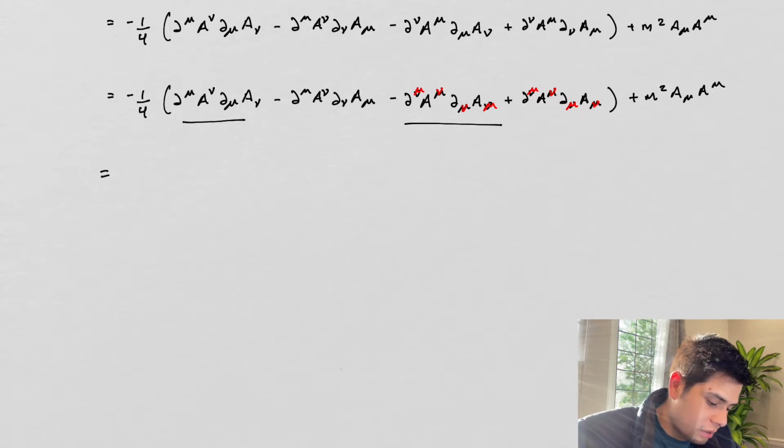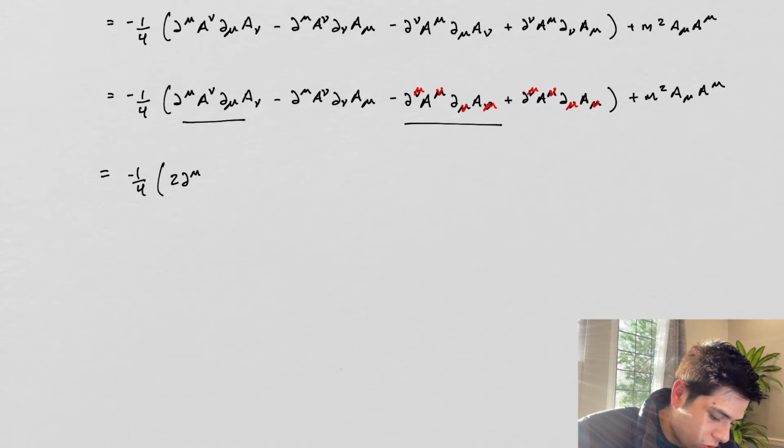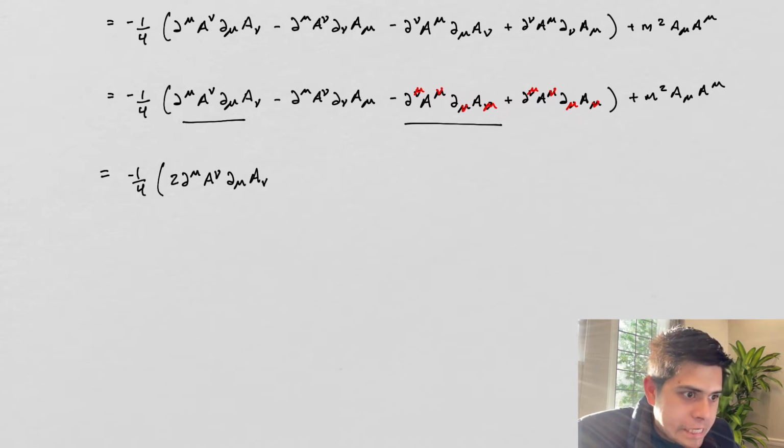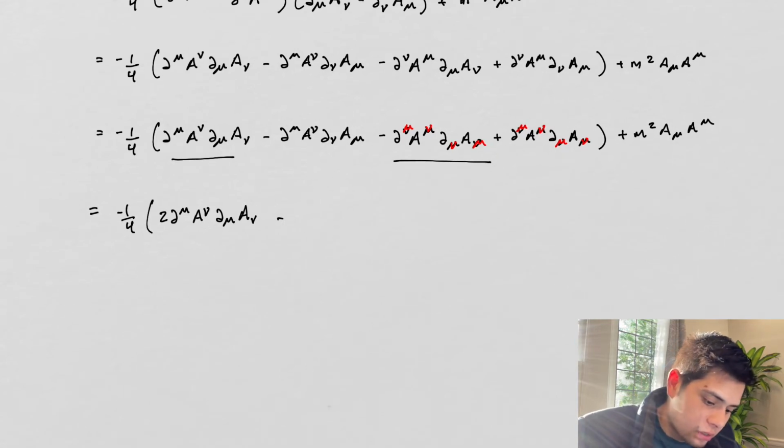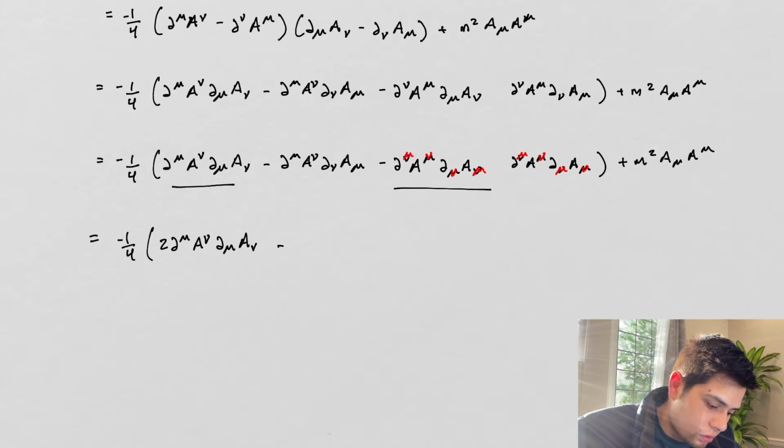The ones I've underlined. We're going to get 2, we're going to get minus 1/4 times 2 d mu A nu d mu A nu, and then we're going to get minus, oh, this should be a minus sign. Or should that be?